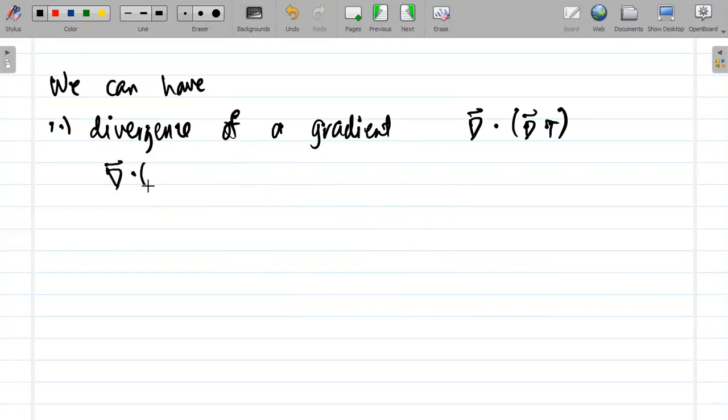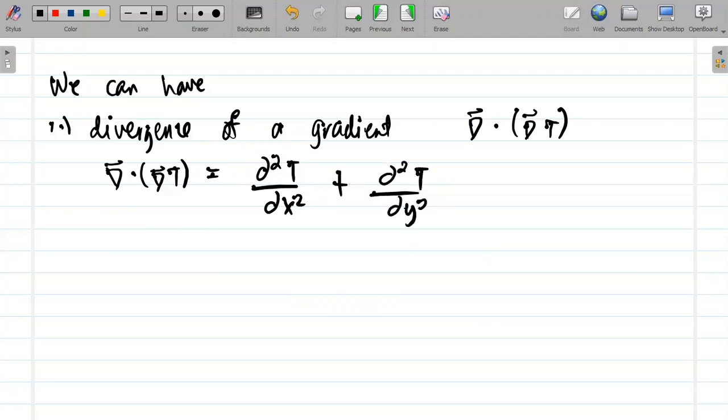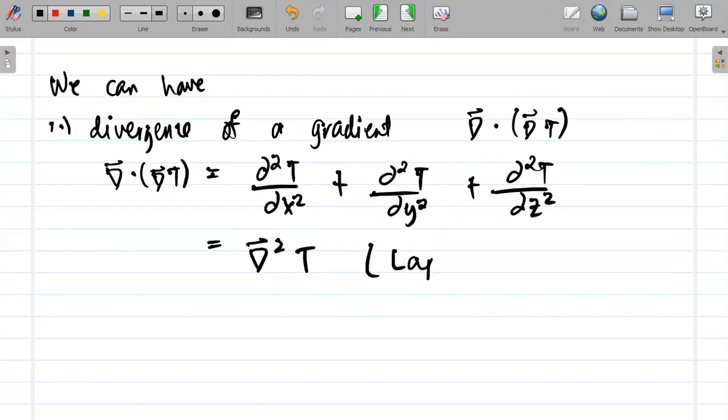So del dot del t, that is equal to partial squared t partial x squared plus partial squared t partial y squared plus partial squared t partial z squared. Actually, class, we can also call this del squared of t, and we call that the Laplacian.